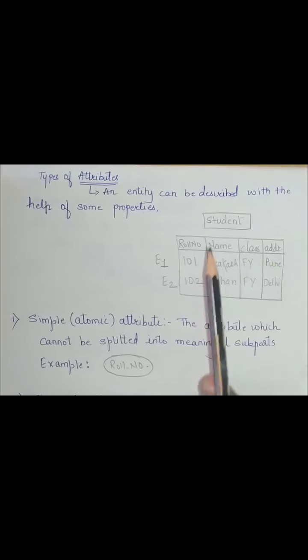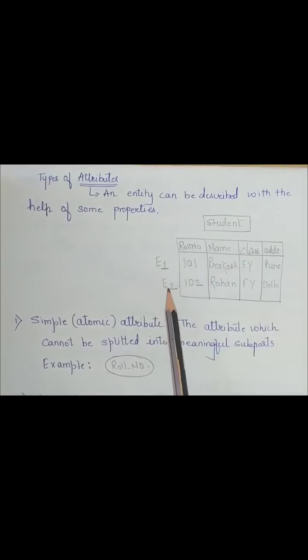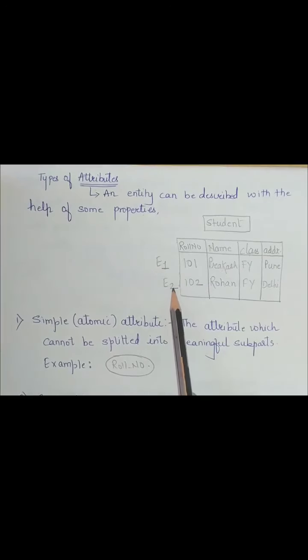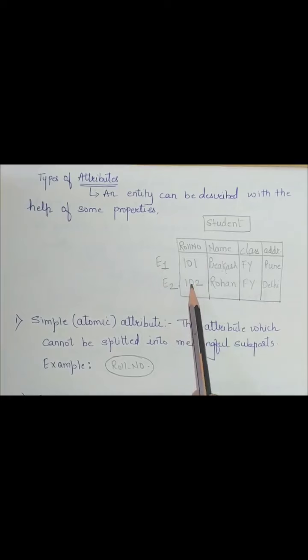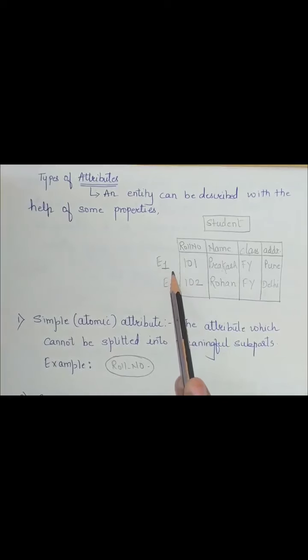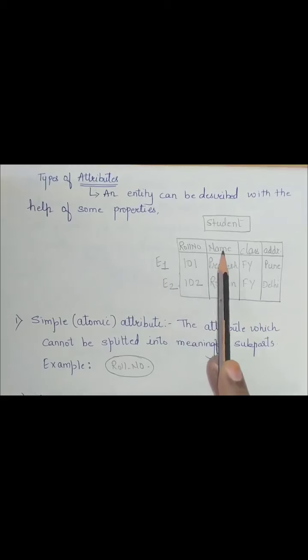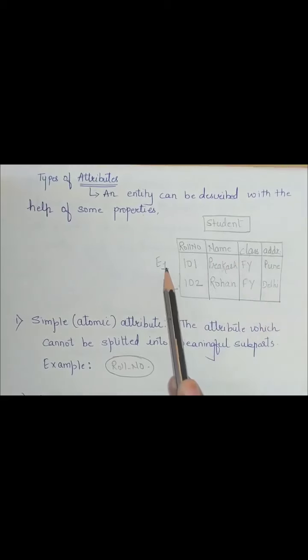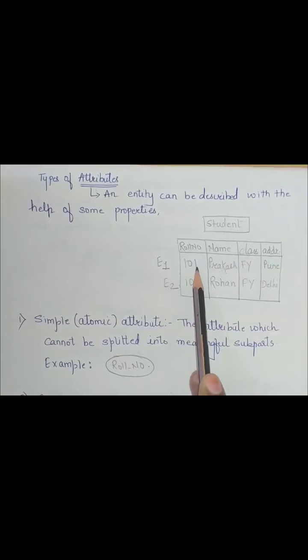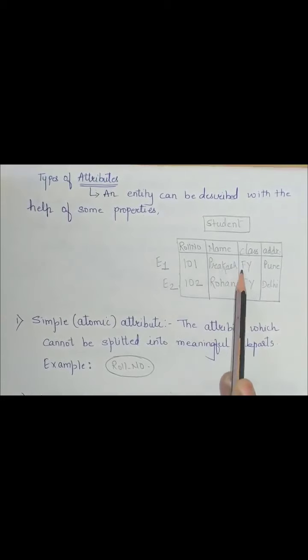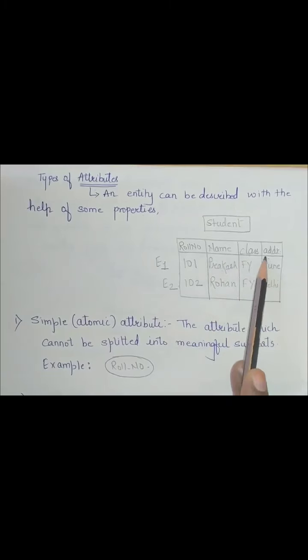Here we say entity: E1 and E2, two entities are present in the relation student. Entity 1 can be described with the properties roll number, name, class and address, like E1 is 101 as roll number, Prakash as name, FY as class and Pune as address.